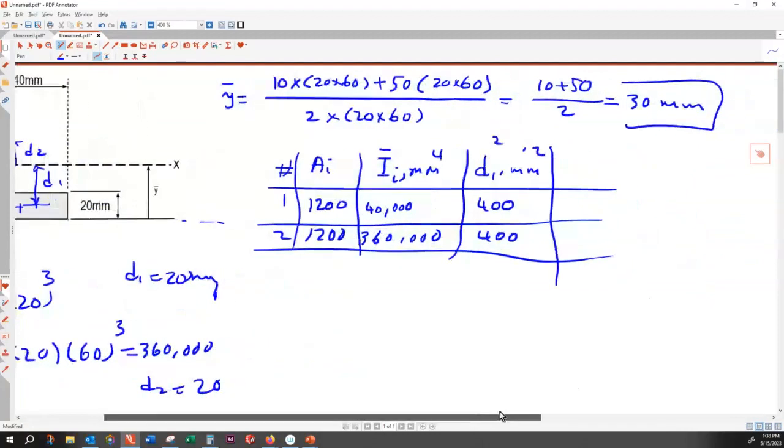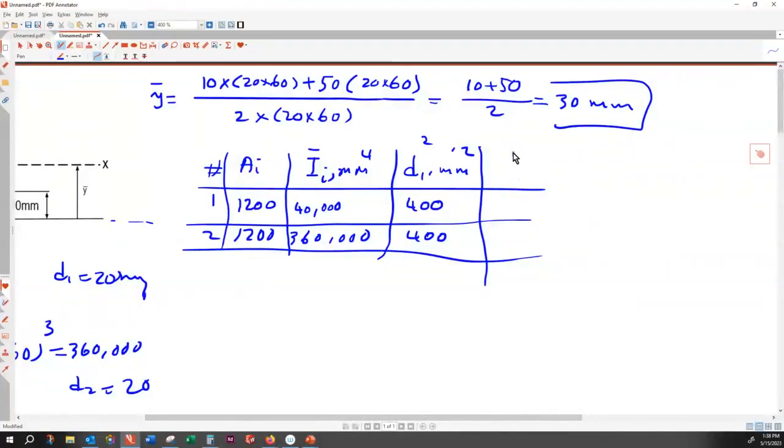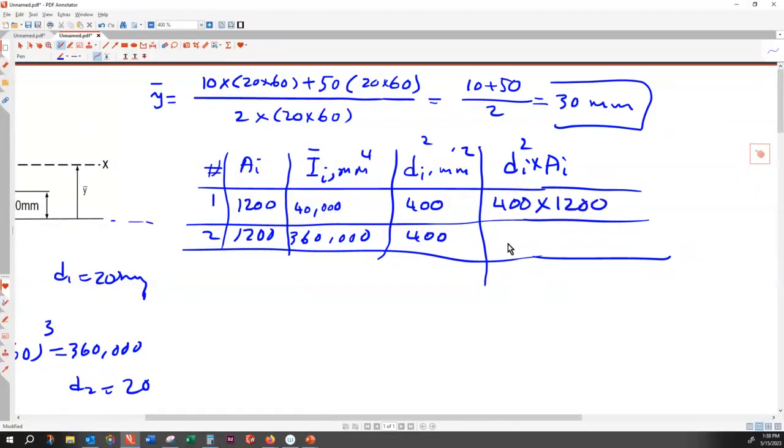And now the penalty term is D squared multiplied by A. Here you just add them up.